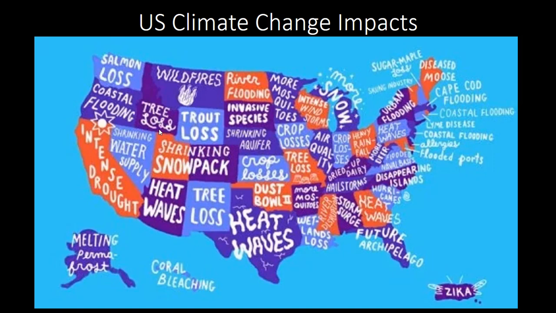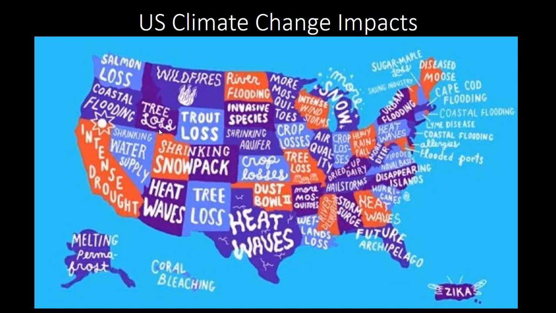We've got U.S. climate change impacts. So this is kind of like the perception map. This is how they believe each state is being most affected by climate change. So Washington, we've got salmon loss, wildfires, coral bleaching here for Hawaii, Zika for Puerto Rico, future archipelago. It's probably true.